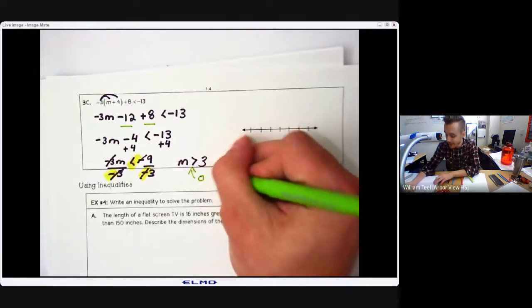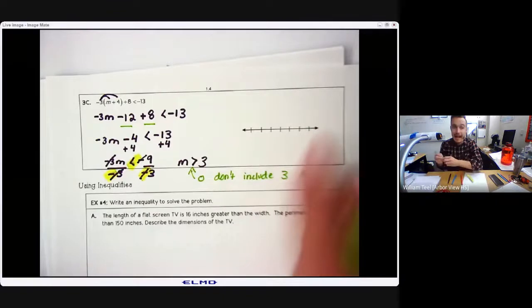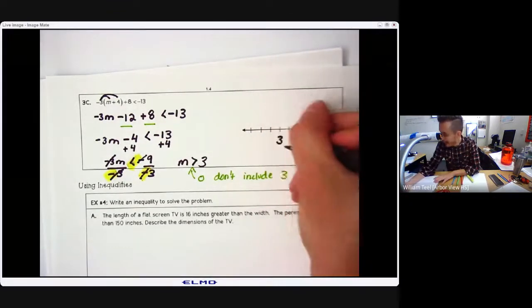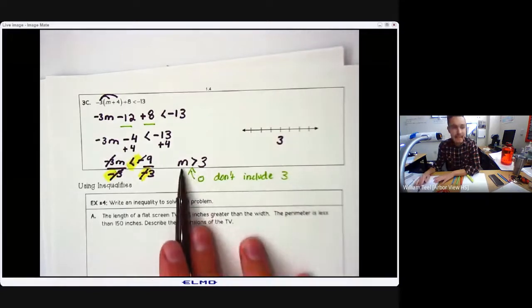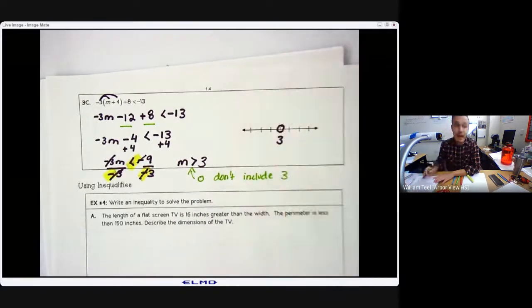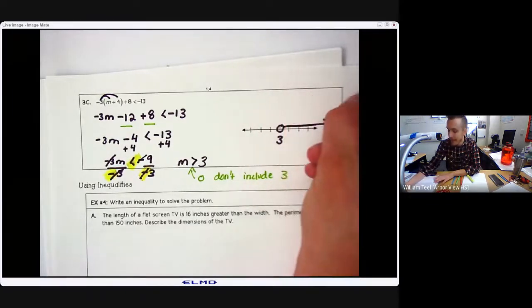Don't include 3. Okay, so on my number line, I'm going to put 3 down here. And I know that m can be anything greater than 3. So I'm not going to include 3. I'm going to put an open dot right here. All the possibilities for m are going to be positive values above 3.